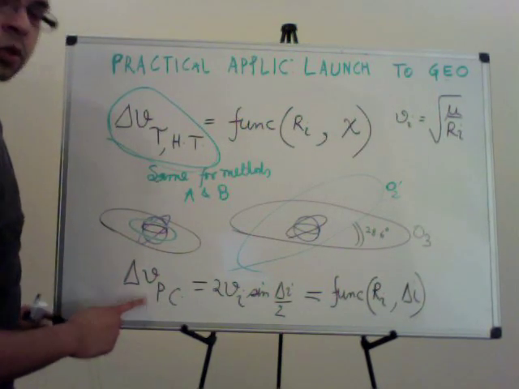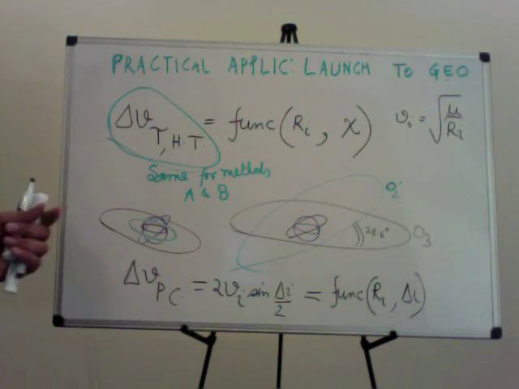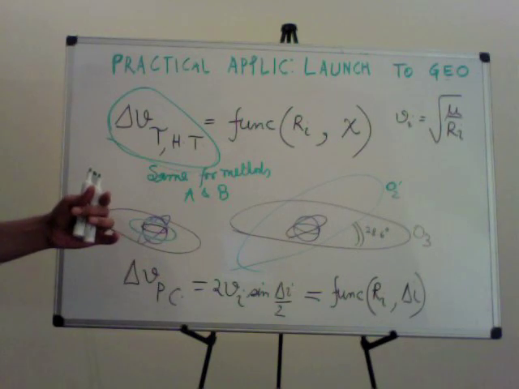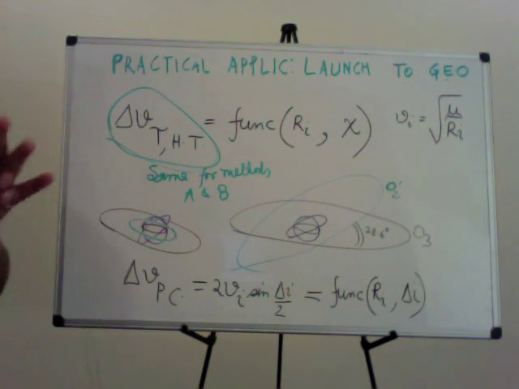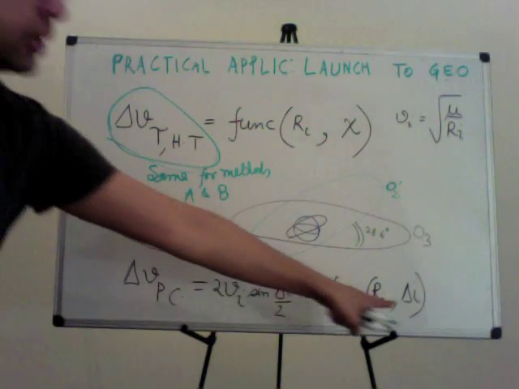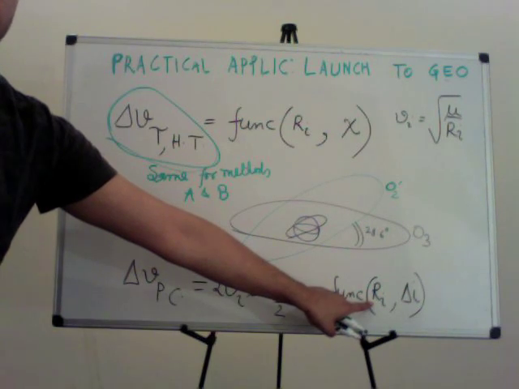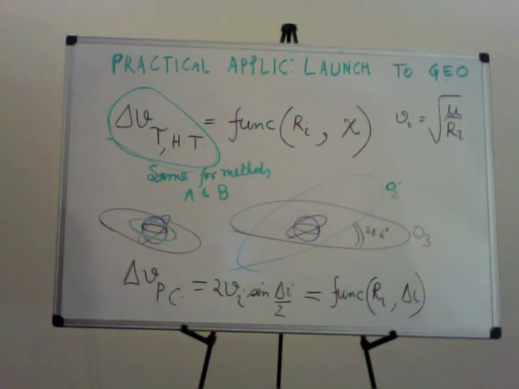So the only difference between methods A and B is in the delta V that is needed for the plane change, because the plane change occurs at different locations. Even though the magnitude of the plane change is the same, 28.6 degrees, the location is different. So it's going to make a pretty significant difference, as we'll soon see, on how much delta V is needed for the plane change.